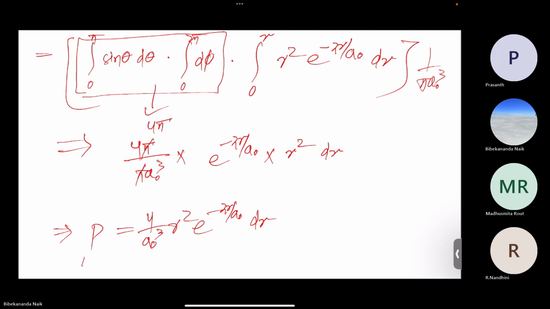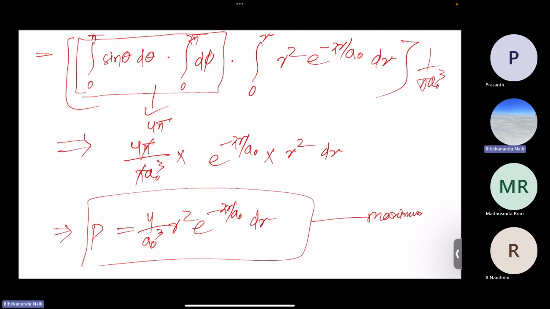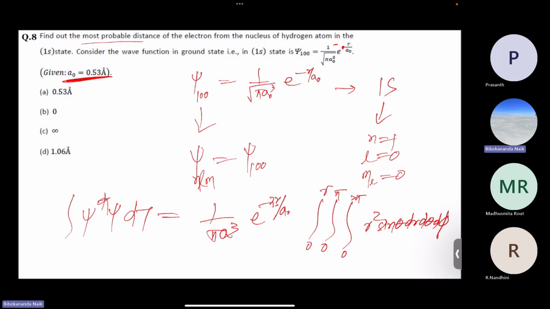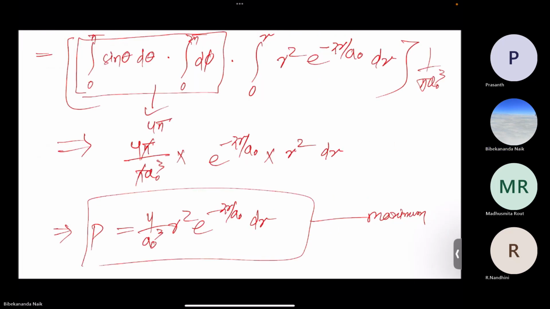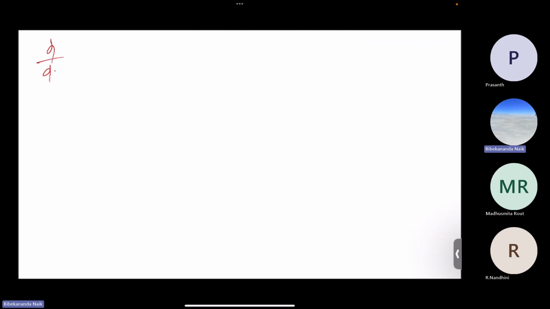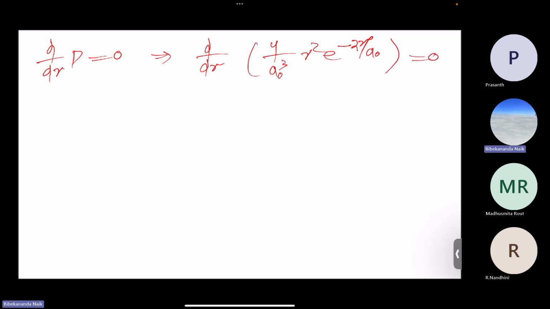Now you see, this should be maximum, because the question says what is the most probable distance? Most probable distance means the probability is maximum. So if you take the derivative of the probability, then it should give 0. So taking the derivative, d by dr of P is equal to 0, we get d by dr of 4 by a0 cube r square e to the power minus 2r by a0 equals 0.